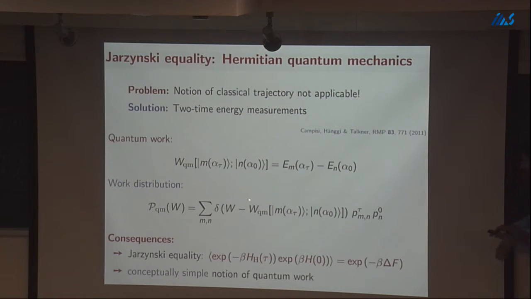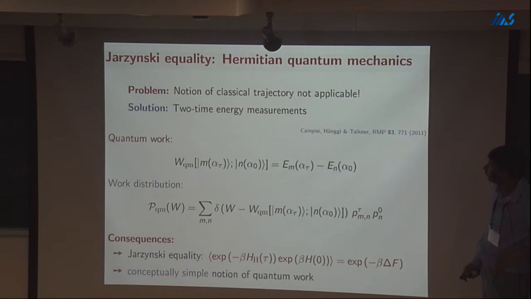This is how it is defined, and therefore you can then define a quantum mechanical work distribution in the following fashion, where these are the probabilities of the system being in state n and from n to m. So therefore you can extend classical Jarzynski equality to quantum Jarzynski equality in the following fashion, and then you can show that this works.